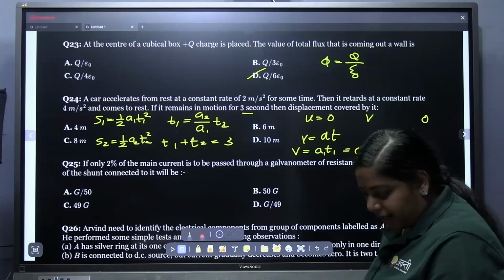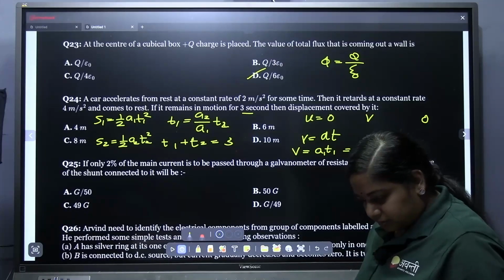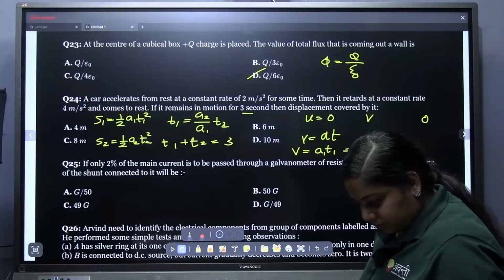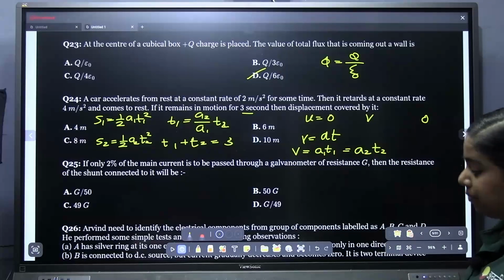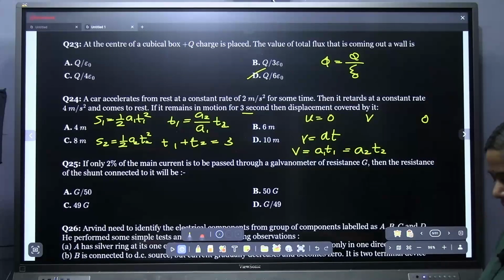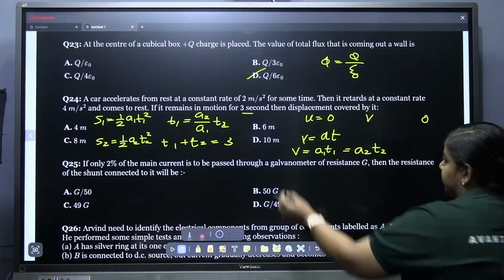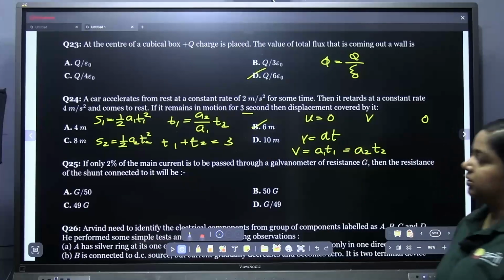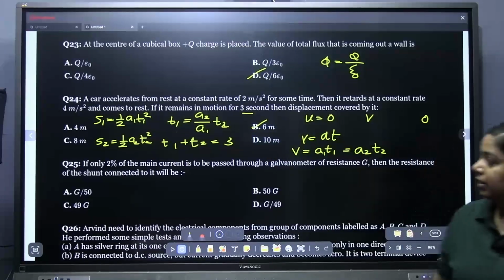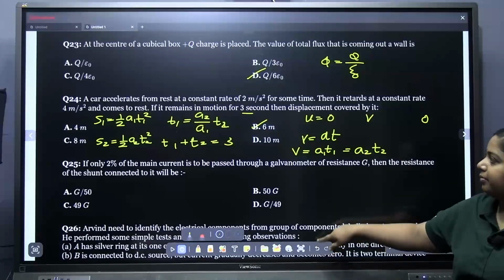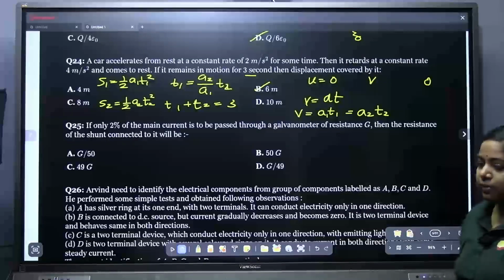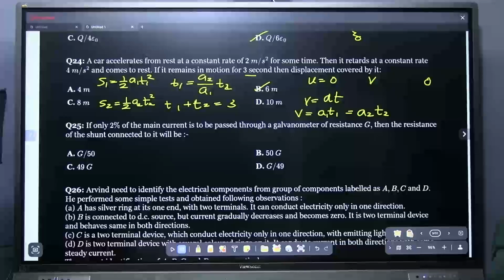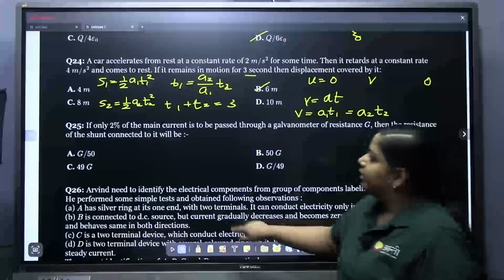Question 24, answer is option B, 6 meters. This is how you solve it. Is there any doubt in question 24? I guess not. Next one.